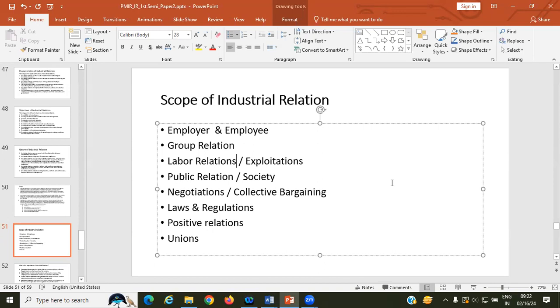If you always go along with your supervisor, whatever he says you listen, you are working, you are delivering on time, that will give a good impression of you to your manager or supervisor. That type of relationship is known as positive relationship.